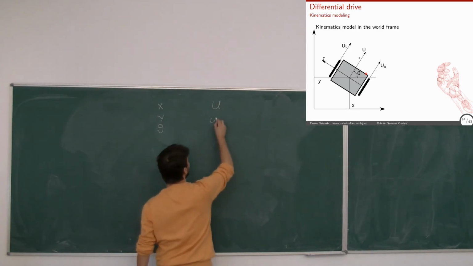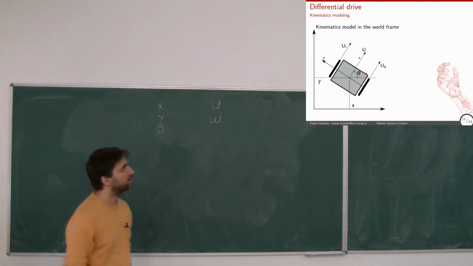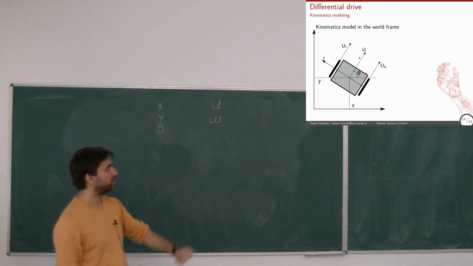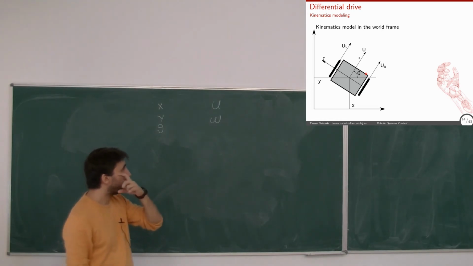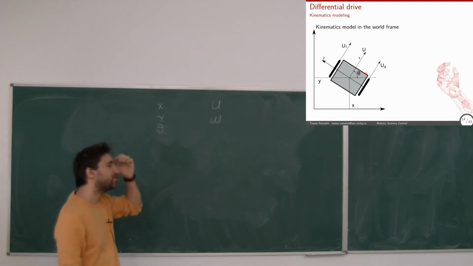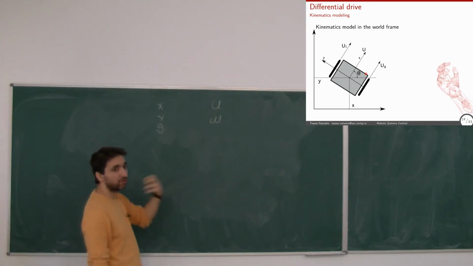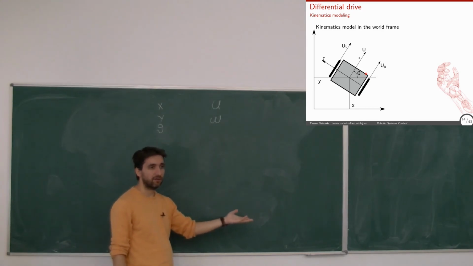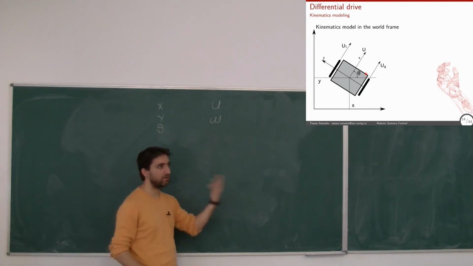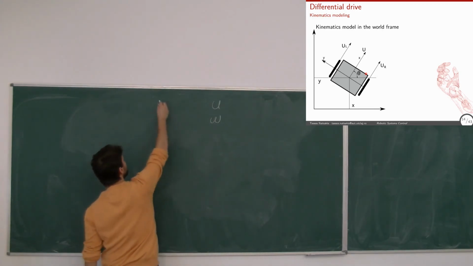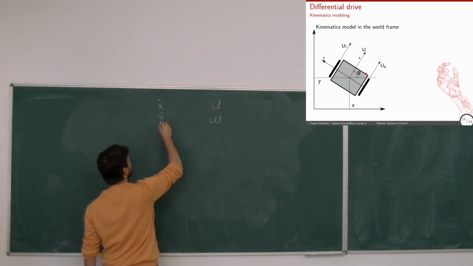It does not appear on the screen, but we know how fast this thing is rotating. Basically, we describe not the positions, because what we're controlling is not the position of the wheels, it's the velocity of the wheel. So for the kinematics in the world frame, we also talk about velocities.